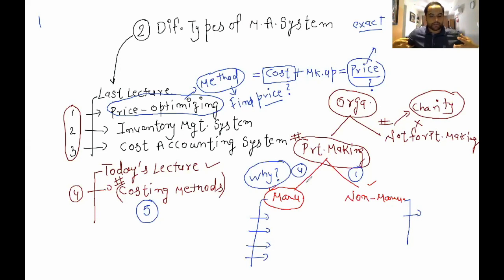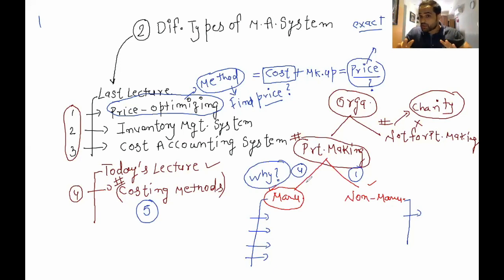That's a quick example for you to understand why manufacturing organizations have different costing methods. Even though all come under tangible nature, because of their processing systems, we have to apply different methods.